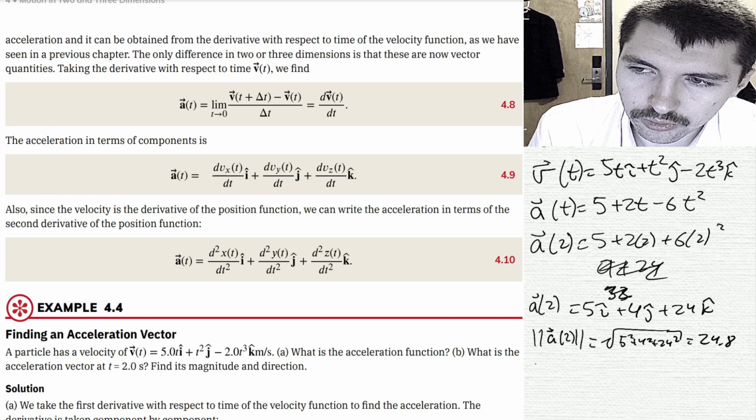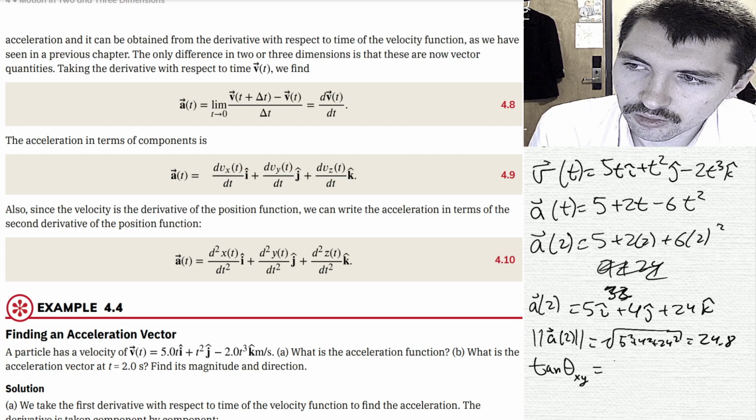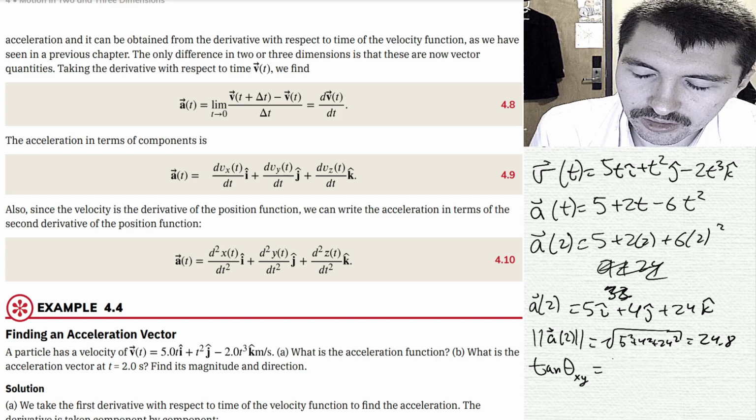I know we're going to use tangent theta. Let's do the XY axis. My gut's telling me it is 4 over 9.